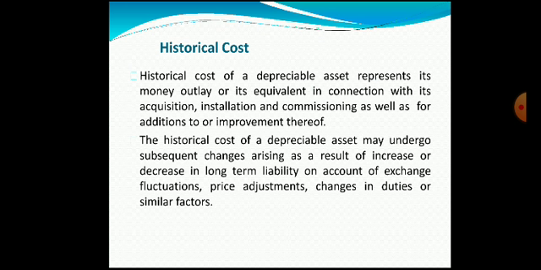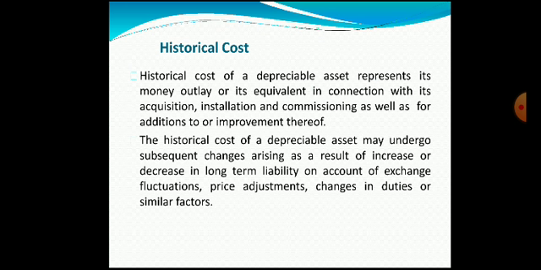Then what is historical cost? Historical cost of the depreciable asset represents its money outlay or its equivalent in connection with its acquisition, installation and commissioning, as well as for additions to or improvement thereof. So whatever the cost that is incurred for procuring an asset, for its installation, for its acquisition, for its commissioning, and any amount that is incurred for its improvement, all this is called its historical cost.